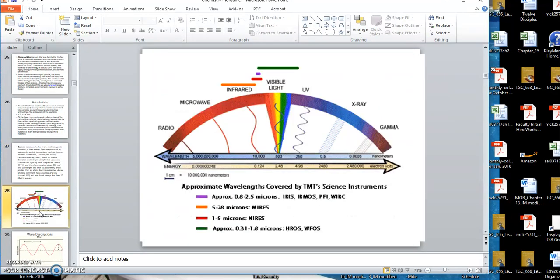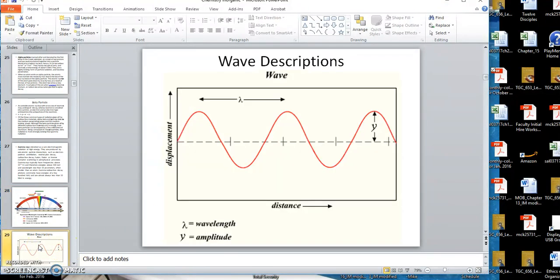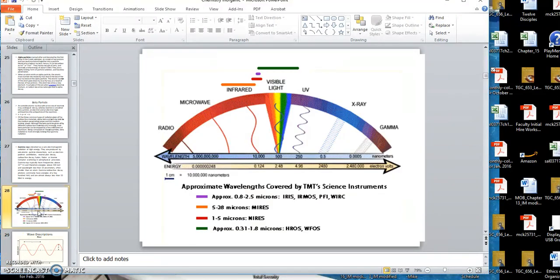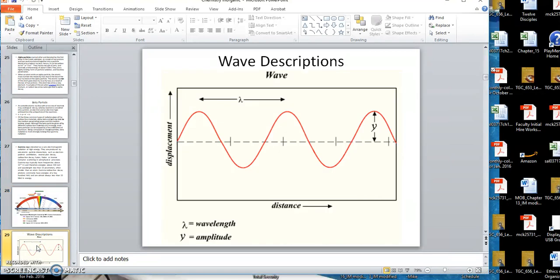This right here we'll talk about again, but anything that travels in waves is listed on what we call the electromagnetic spectrum. Here's a wave description right here. Anything that travels in waves is put on this. So, in a wave, this is the description of a wave. One is the amplitude, which is the height.